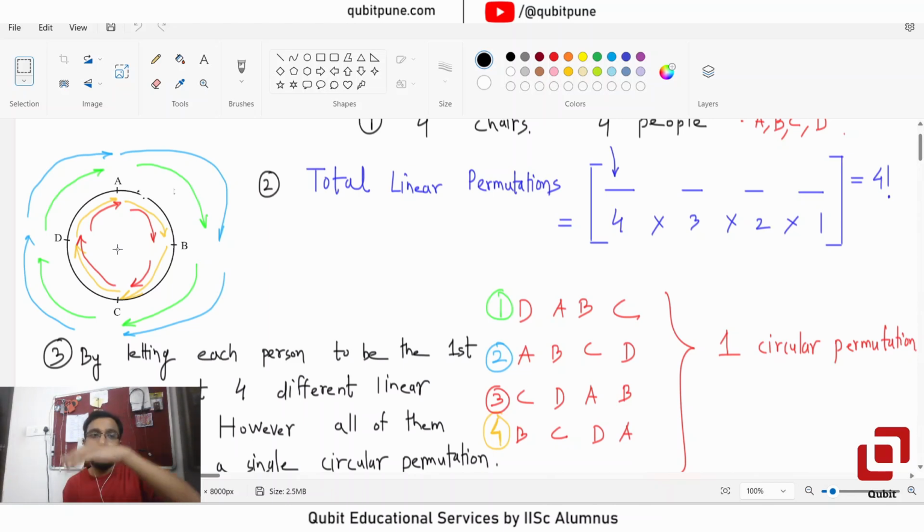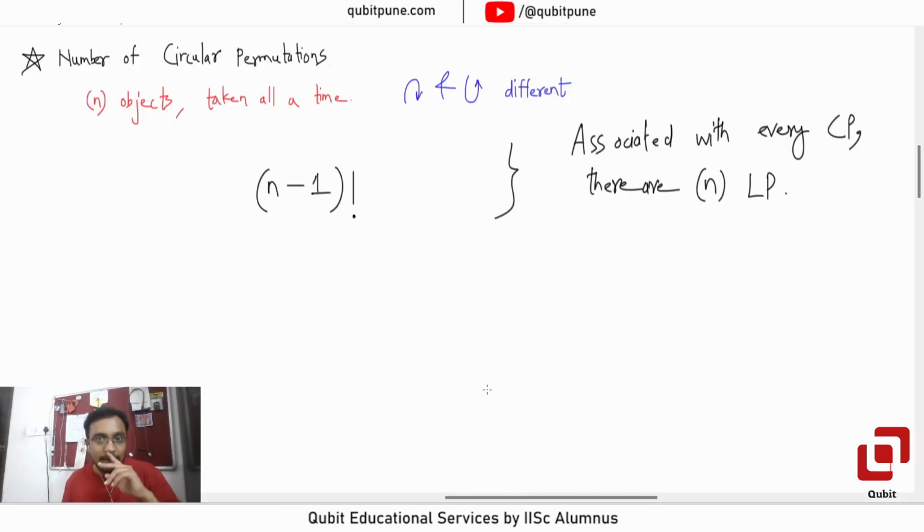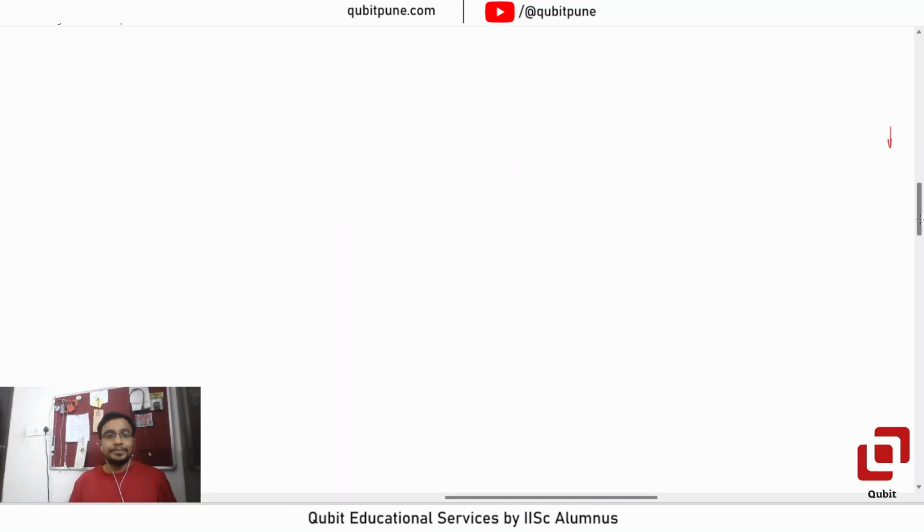But if you make them sit round a circle, then ABCD, BCDA, CDAB and DABC all sound similar. Got the point? Associated with every circular permutation there are n linear permutations.